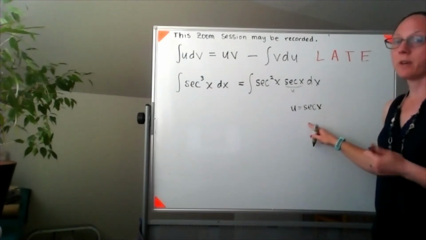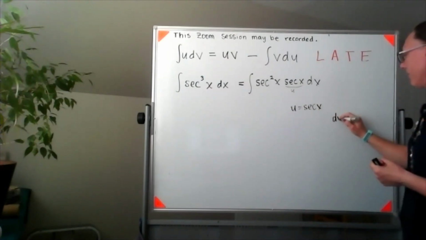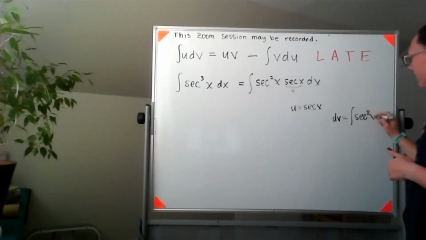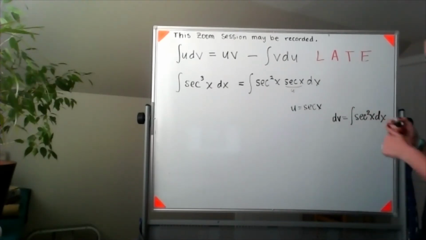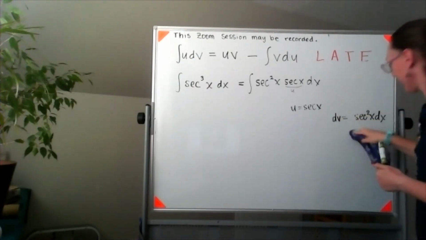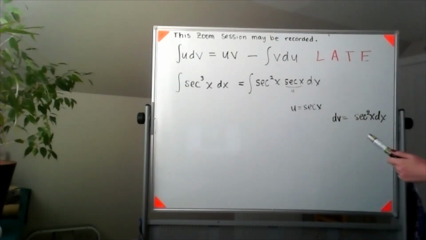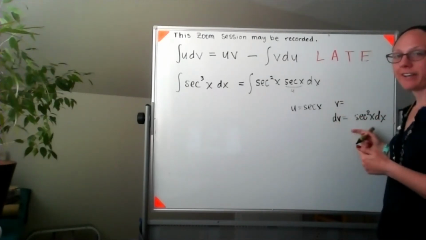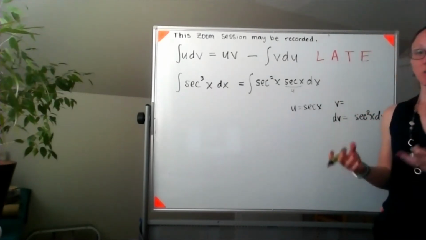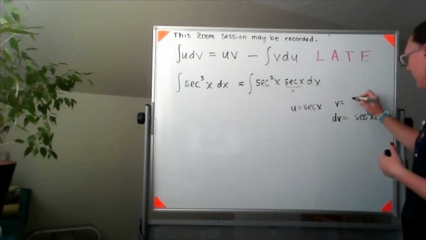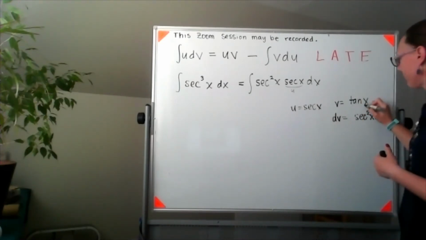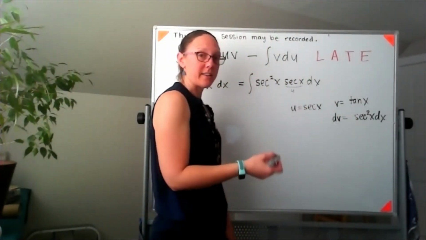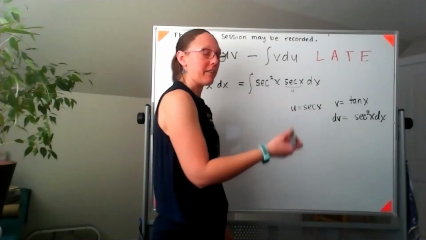So I would let u be equal to secant of x, which would make dv secant squared x dx. As I mentioned before, to get from dv back to v, we're basically doing a mini integration problem. And then if I have u and I need to get du, I'm taking the derivative of secant of x.